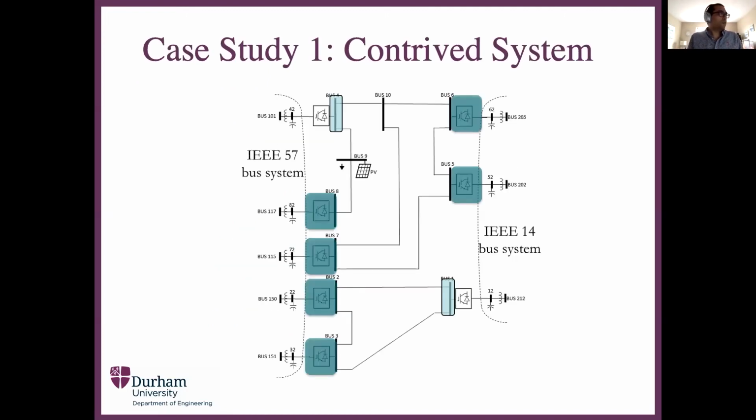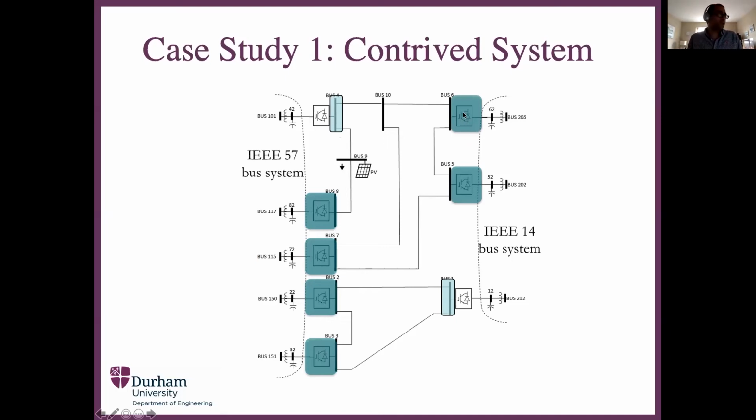Now, moving on to the case studies, this one is just a contrived case that we built. We took 2 test systems and created what we call a multi-terminal HVDC network. We connected the systems together, and the color-coded highlights on the devices are for me to know which devices are doing what.